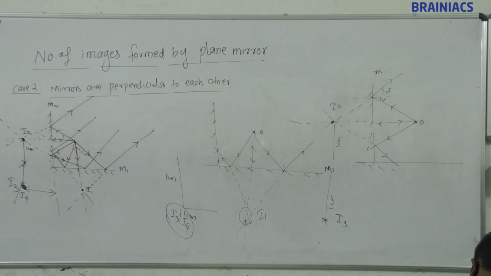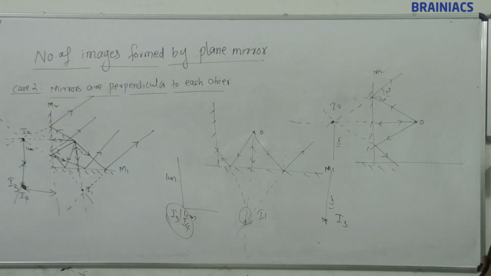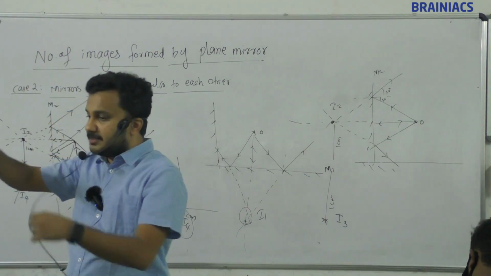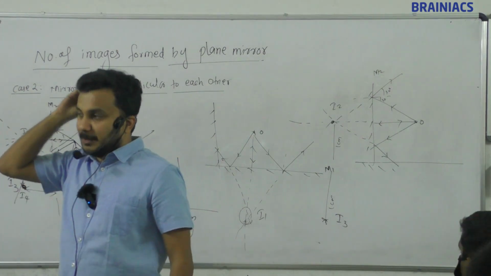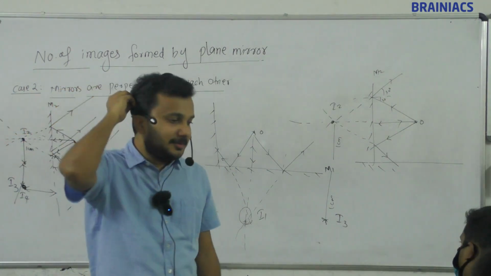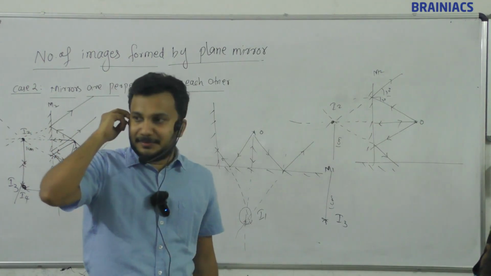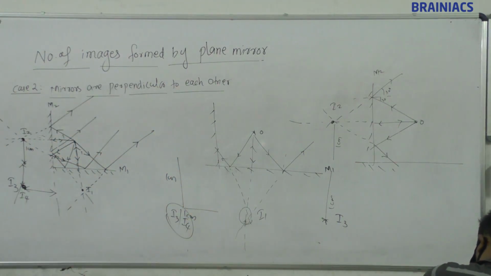I1, I1, that's the next meeting. Two lines cross, the cut point is the image. Anybody not understand? Or understood? Anybody understood? Okay.